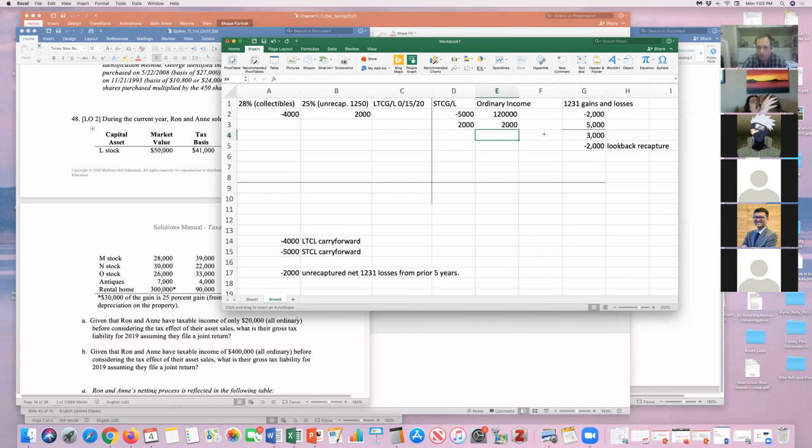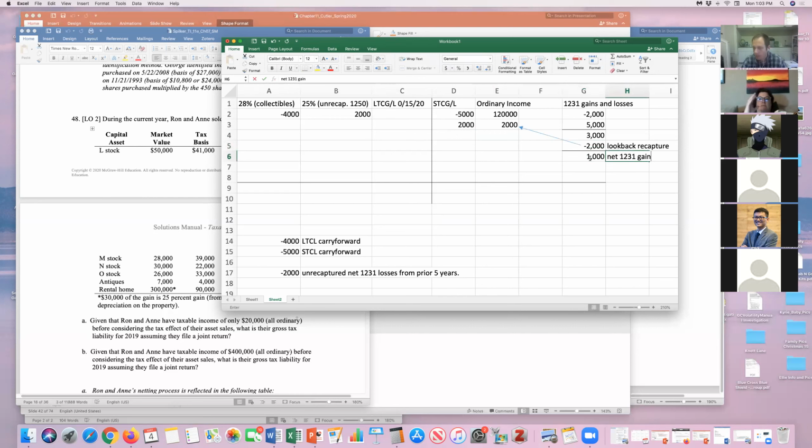And now I'm down to a $1,000 net 1231 gain. So now that I've done all my steps, this can be treated as a long-term capital gain.